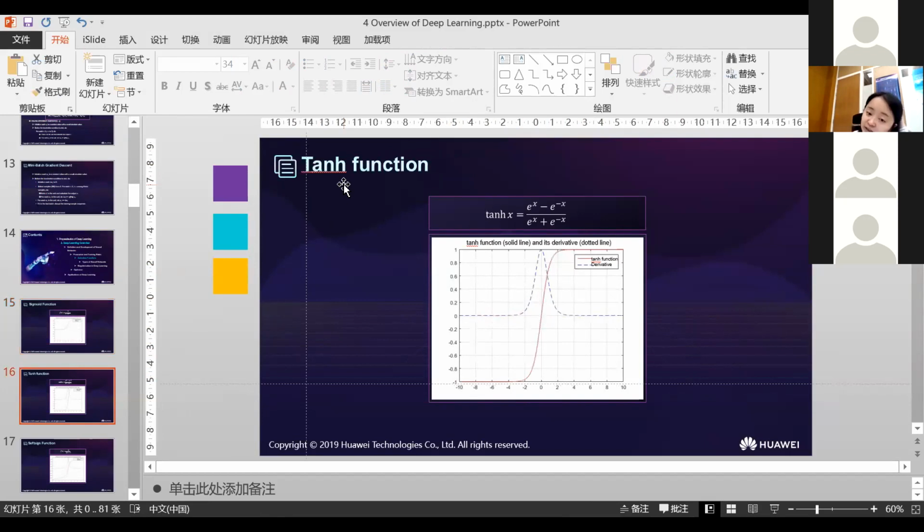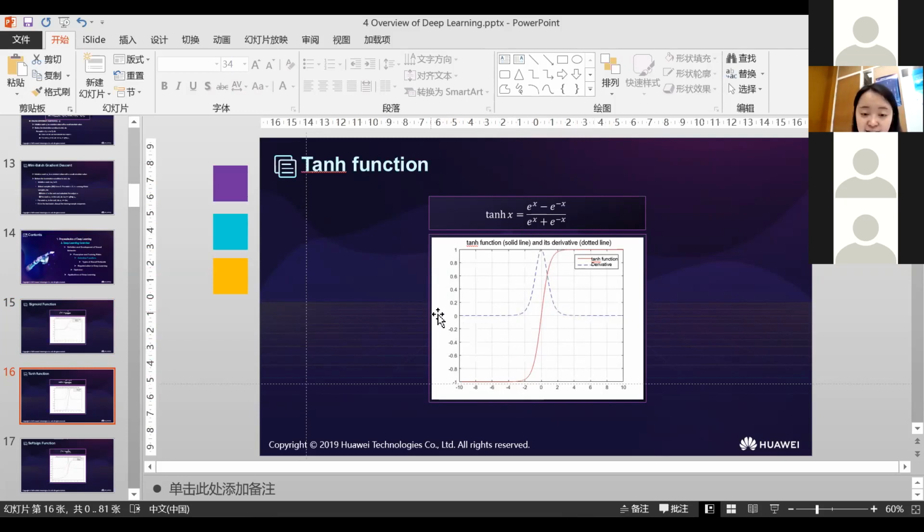That is the sigmoid function. And the second type of activation function is the tanh function. Here the red line is the tanh function, and the dashed line is its derivative.